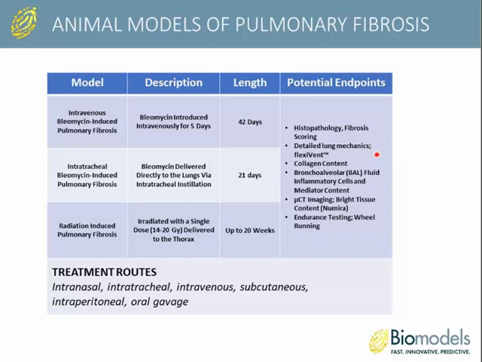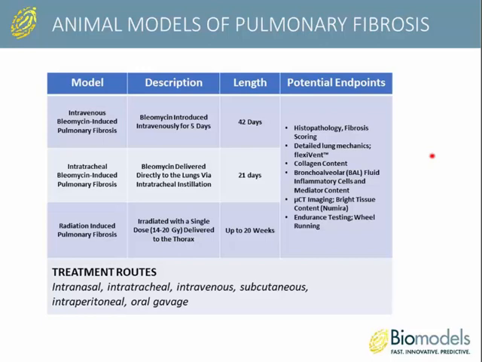Additionally, we're able to measure collagen content with Sircol or hydroxyproline assay, and additionally examine bronchoalveolar lavage fluid for inflammatory mediator content, or simply look at the total and differential cell counts, more closely examining the inflammatory cells that are coming into the lung.